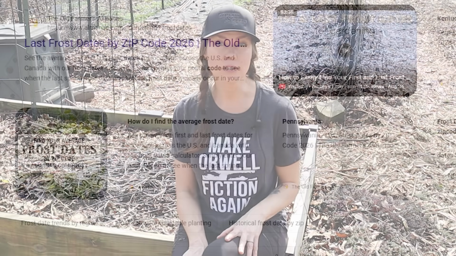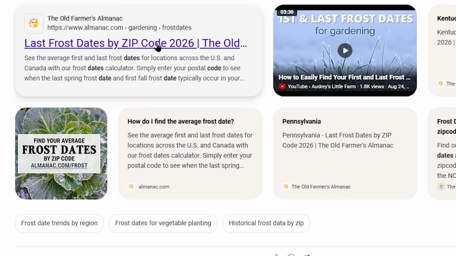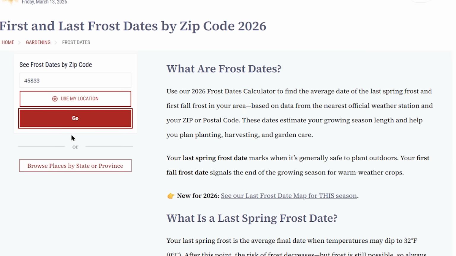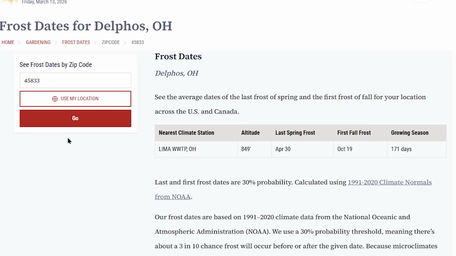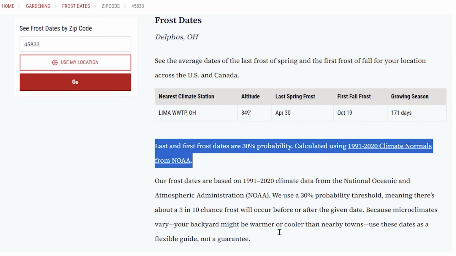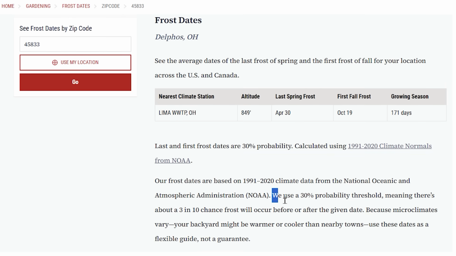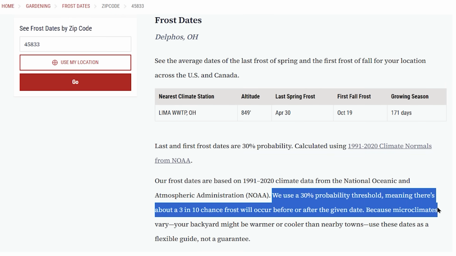Now, if you prefer a simplified snapshot of your frost date, Farmer's Almanac has a first and last frost date finder as well. It also uses NOAA data, but gives you the dates for a 30% probability of first and last frost. As their website states, "We use a 30% probability threshold, meaning there's about a 3 in 10 chance frost will occur before or after the given date."